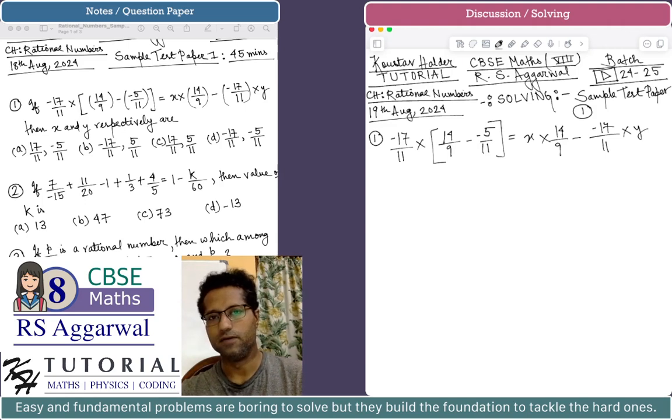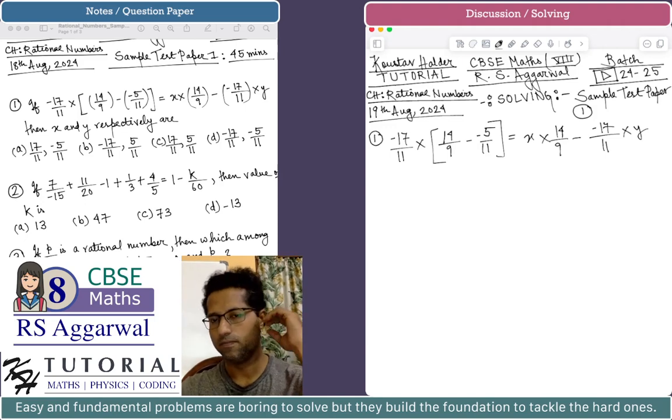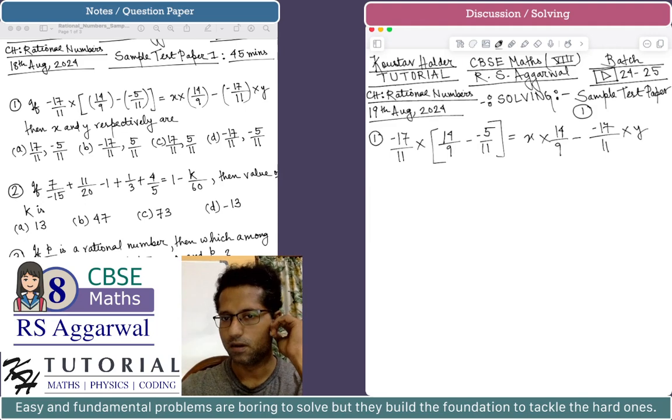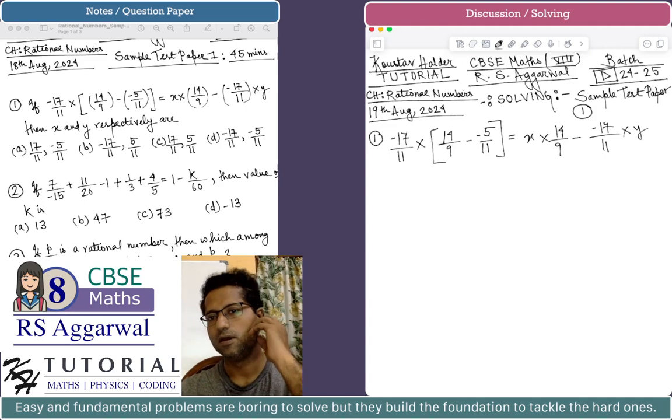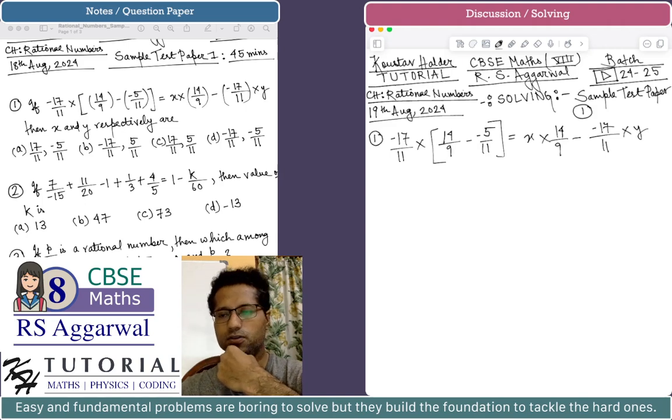Minus 17 by 11 is being multiplied with the subtraction of two rational numbers, and I know that multiplication of rational numbers is distributive over subtraction and addition. On the right hand side I can see the difference of two rational numbers, where each is also a product of two rational numbers, which also consists of the variables x and y.